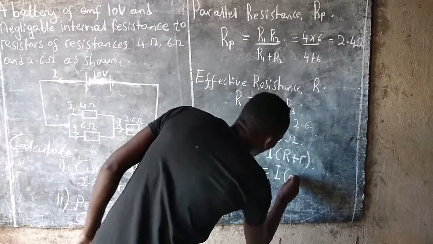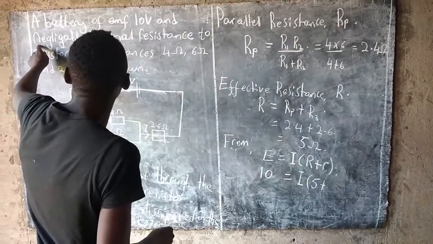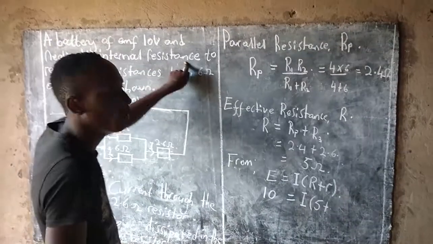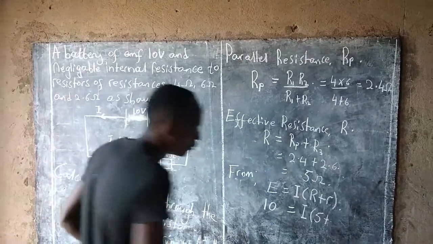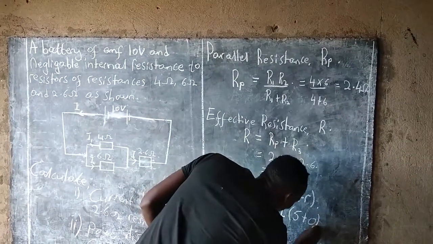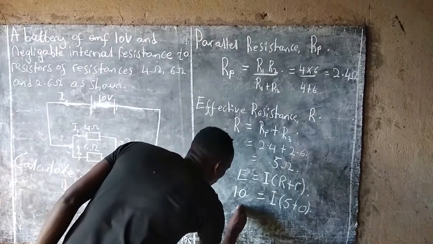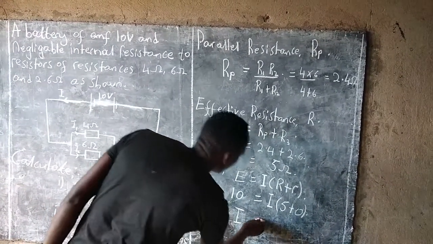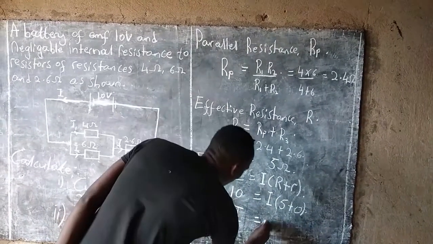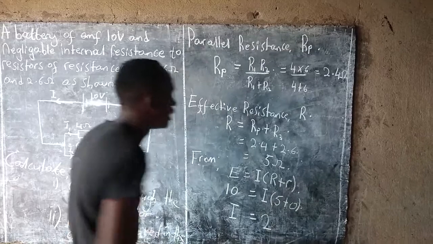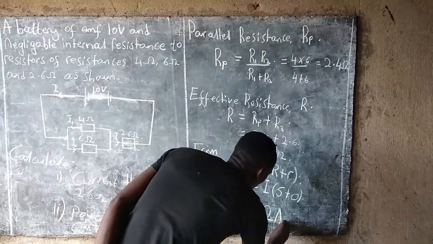So this one is going to give us 5, then plus this one. I remember I told you to underline this word, negligible. It is approximately 0. It is very small. So you can say now plus 0. That one there. So our I, like you can see, it will simply be 10 divided by this 5, and we shall have 2, not cats and dogs, but 2 amperes.